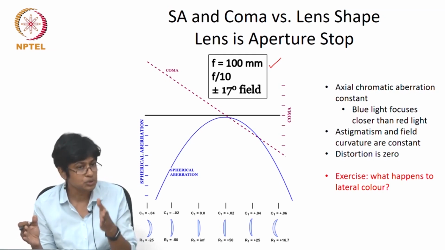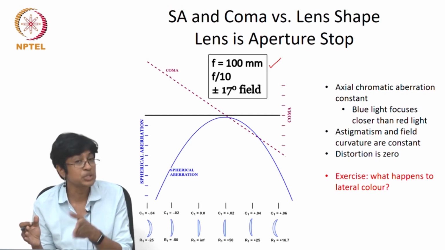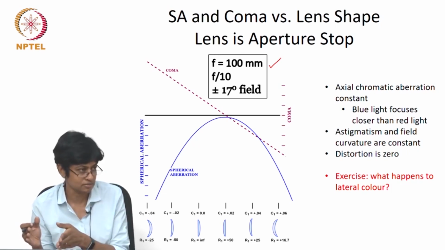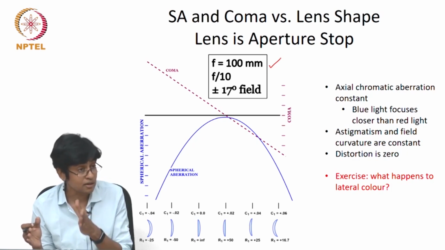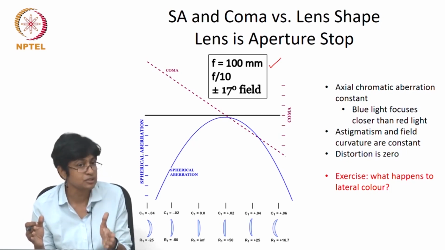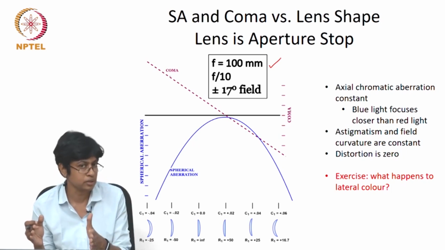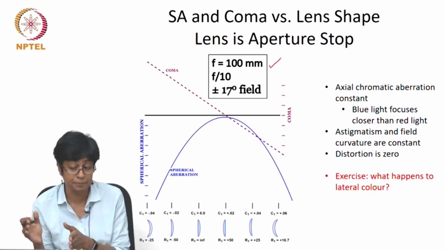But if you were to change the shape of the lens, these aberrations would remain constant. They were not going to increase or decrease. So there was no purpose in plotting it here. So this graph, and I want you to go and try it out: take any one of these aberrations and just add that data along to what you have plotted earlier. Convince yourself that yes, shape is not affecting these aberrations.